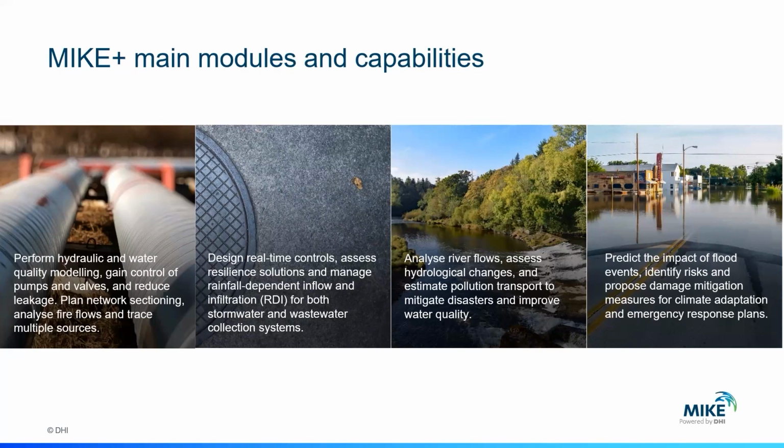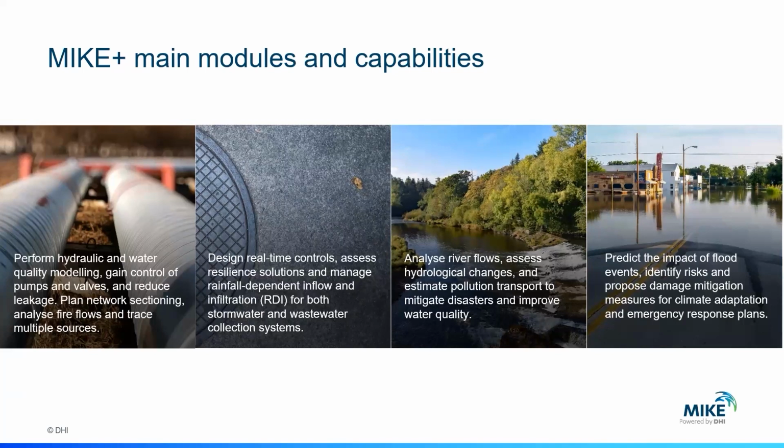I have detailed on this slide the four main components that Mike Plus has. The first one is the urban water networks. Mike Plus can help in developing water distribution and water collection system models, and can help in fully assessing the hydraulics of these urban water networks.